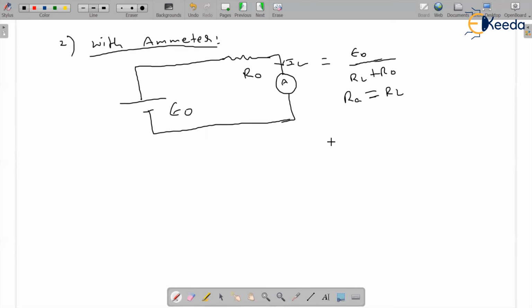So IL is equal to E naught by R naught plus RL.